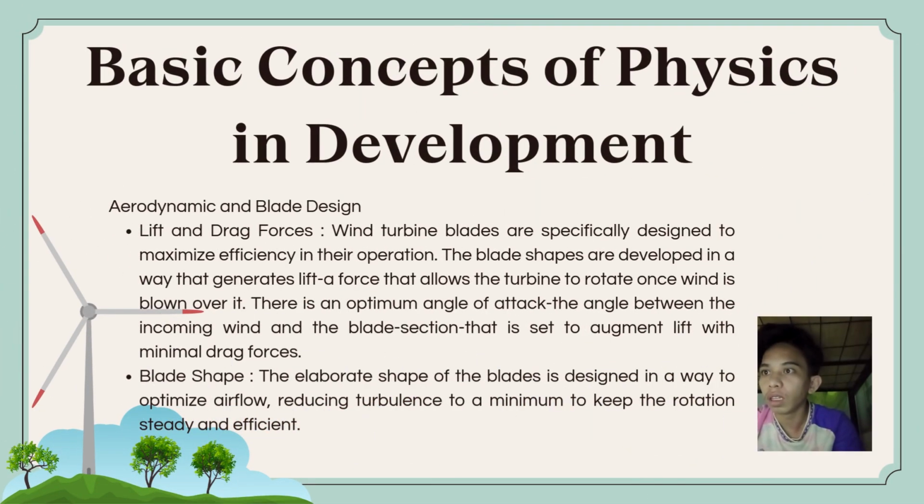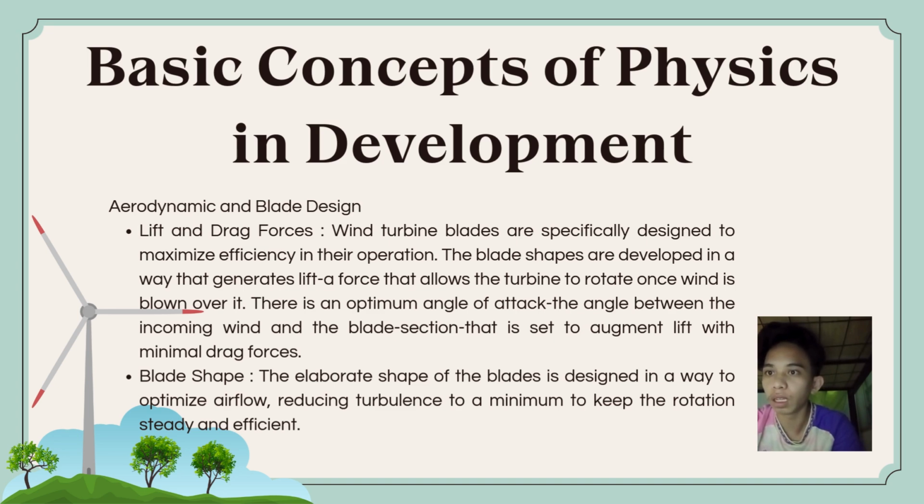So we move to the next slide, which is the basic concept of physics in development of wind turbine. The first one is aerodynamics and blade design. The first point is lift and drag forces. Wind turbine blades are specifically designed to maximize efficiency in their operation.